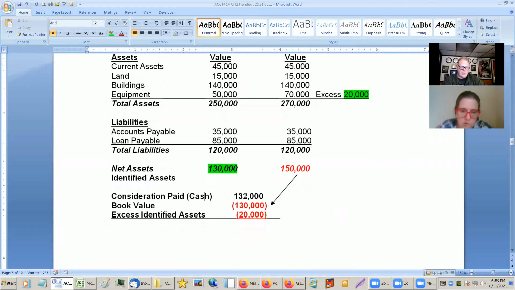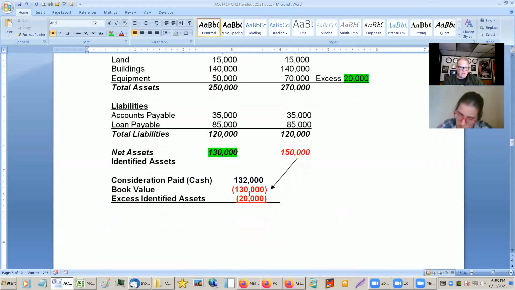So everything else is the same except the cash that we paid was 132,000, which is less than the 150. It's worth 150, we paid 132.